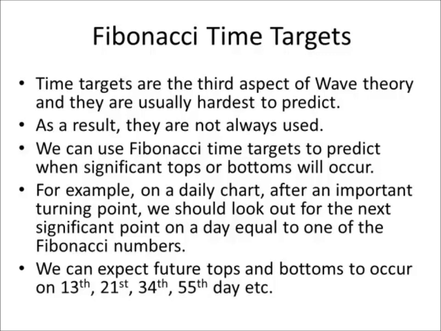So some of the Fibonacci numbers I've listed: 13, 21, 34, 55. So on a daily chart, we can expect future tops and bottoms, or future major turning points, to occur on the 13th day or the 21st day or the 34th day or the 55th day following our initial movement. So this is essentially what a time target is. We just use the Fibonacci numbers to figure out what day something will occur.